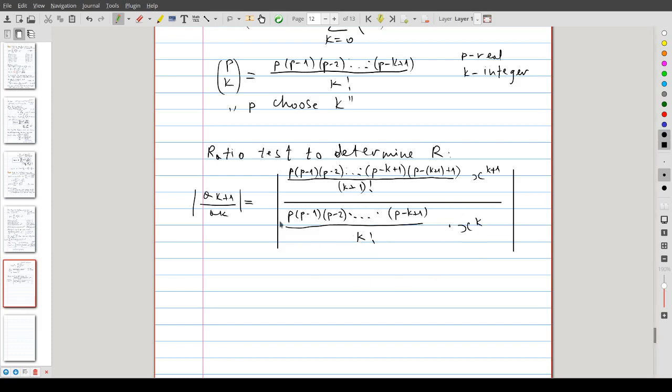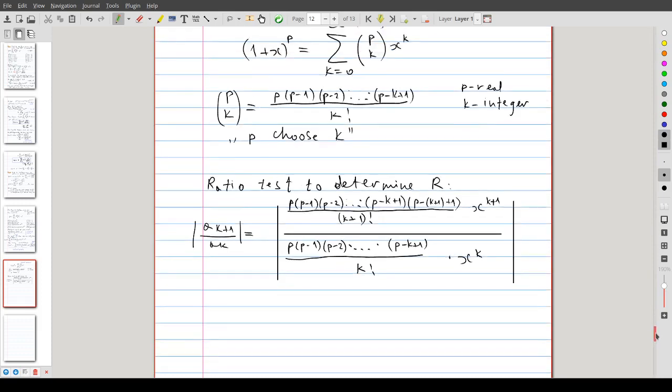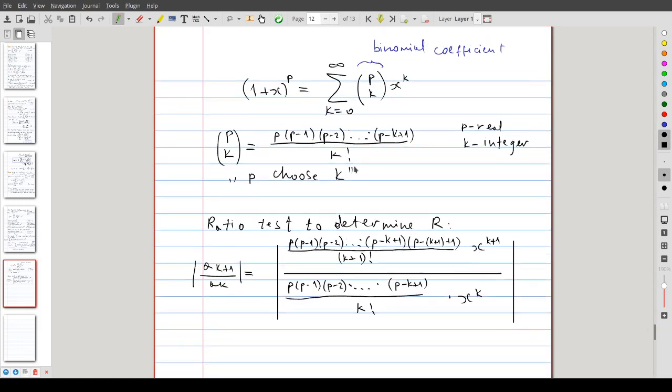So this entire expression in the denominator is my a_k. So let us pull this up again and compare. You see that all I did was I took this expression, I replaced k with k plus 1, put that in the numerator, and then just took it without any changes and put it in the denominator. Good.